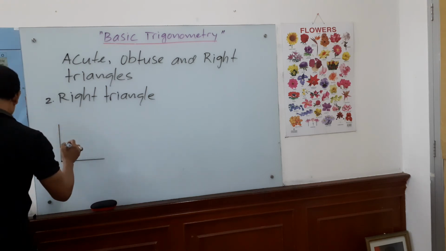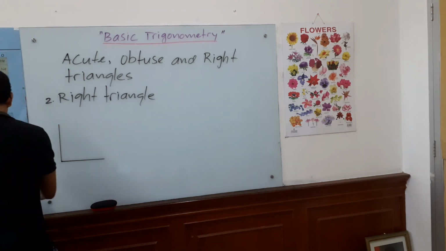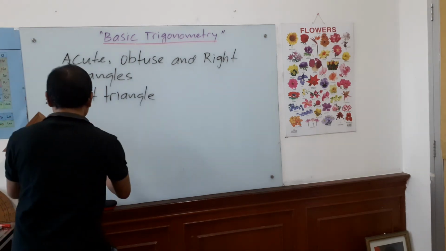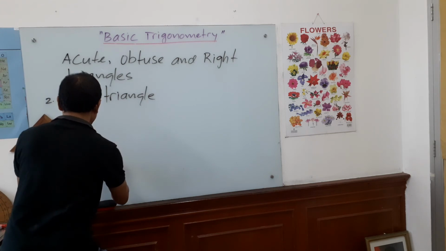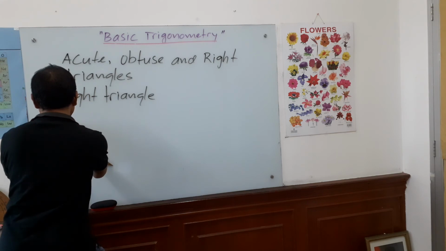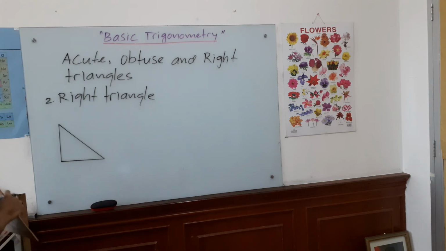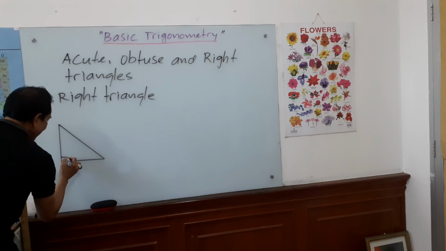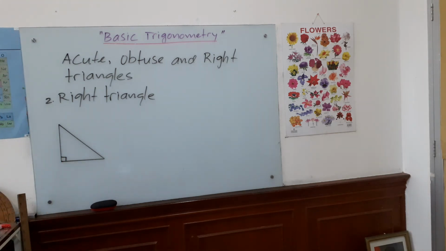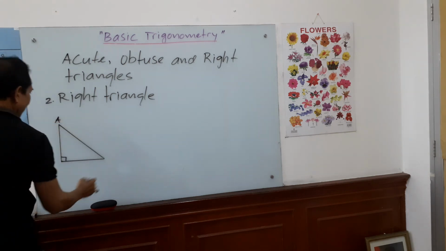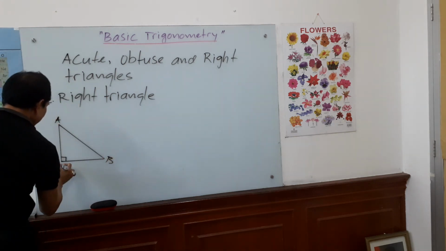So for example, we can just use this triangle. Just connect this and it's finished. Yeah, it's done. Now, look at this angle here. This is 90 degrees. So, for example, you name this as A, B here, and C here.